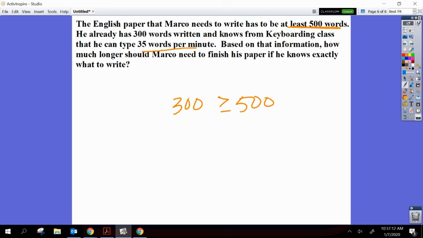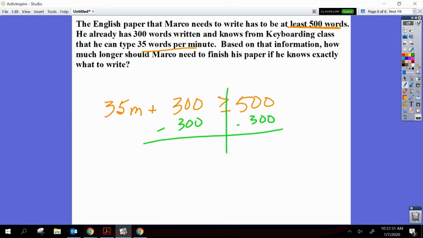We're going to add to that 35 words for every minute plus the 300 words already done until it reaches 500. Split it, minus 300, minus 300. We get 35 per minute. It's greater than or equal to 200. So on multiply to a divide, this is called the division property of inequality.